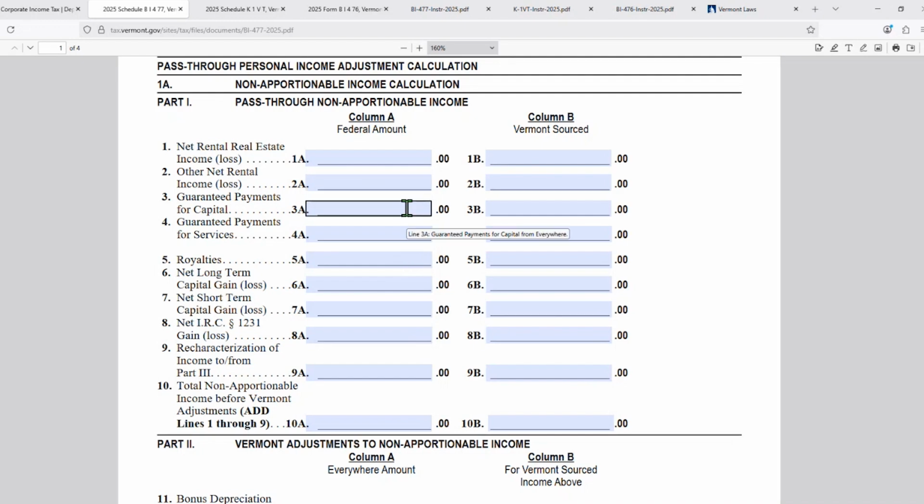One of the challenges with this, and John's said it a few times already, but I'm going to say it again in a different way, is that for other tax types, the starting point is a federal amount. For corporations, it's FTI, federal taxable income. For individuals, it's AGI, adjusted gross income.